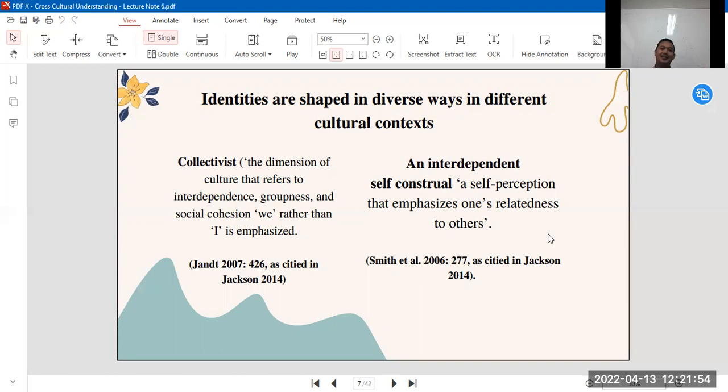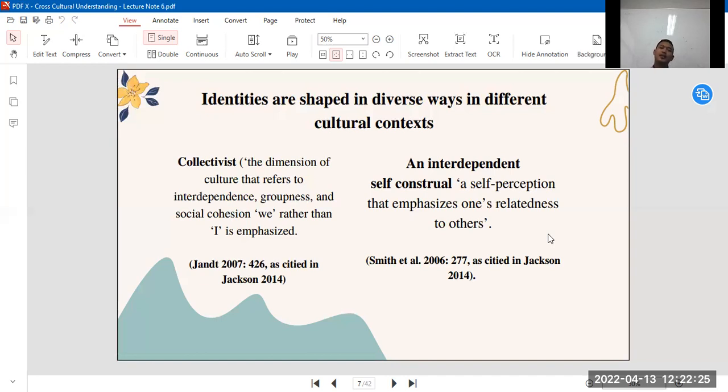And of course, it's different from how a particular culture receives certain messages, certain socializations. Of course, the primary socializations and how we receive all of these things are quite different one from another.